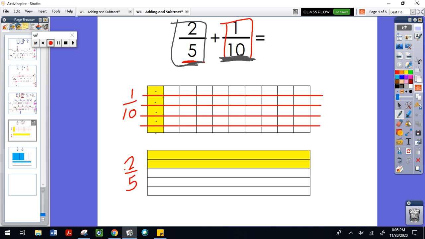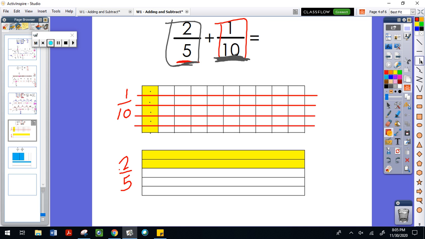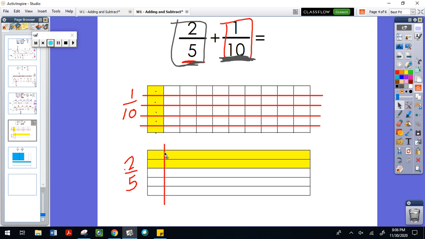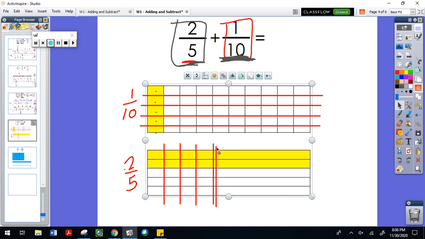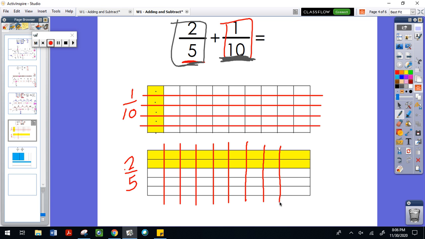All right, so I'm going to take my lines and add a line there, and continue across until I have 10 columns.